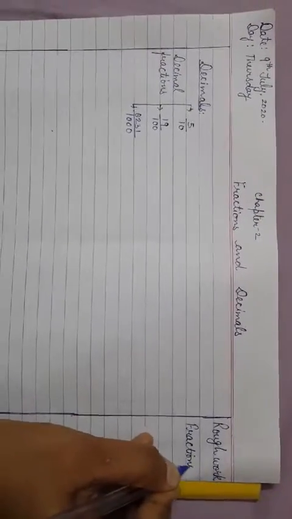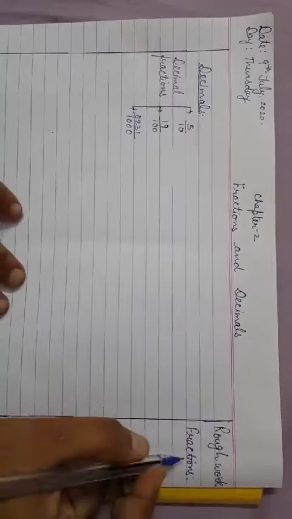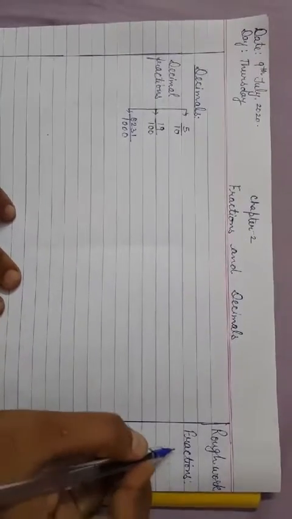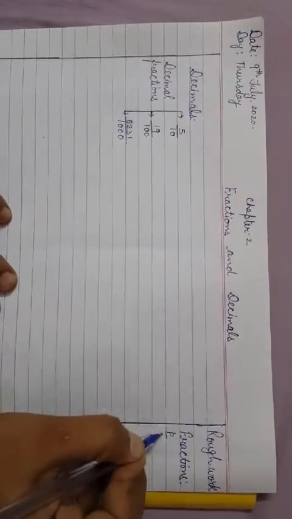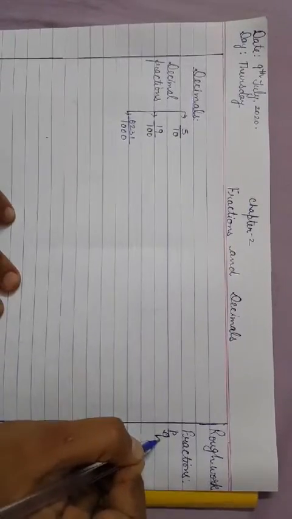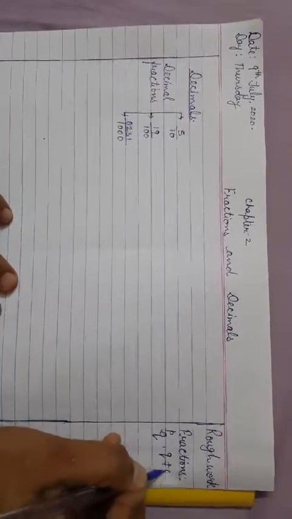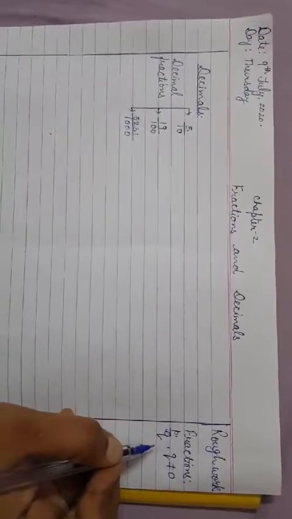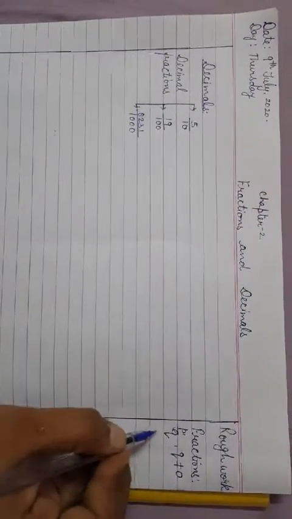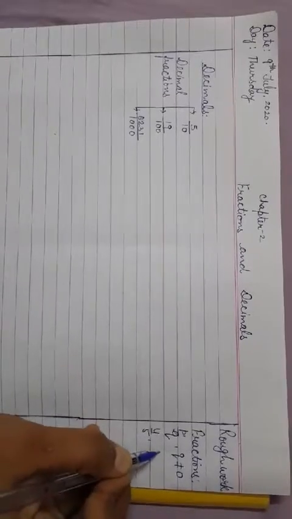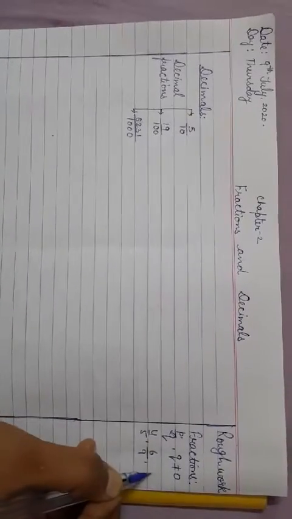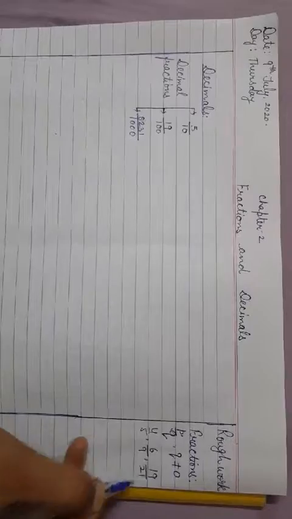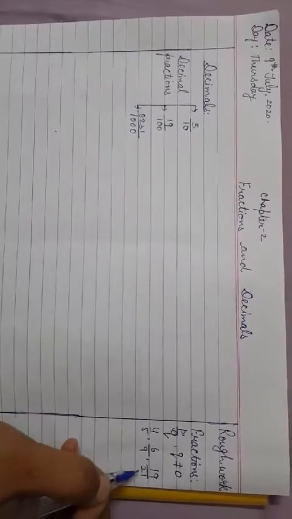So students, in the beginning of this chapter, I told you fractions are the numbers which are written or which can be written in the form of P upon Q, where Q is not equal to 0 and P and Q both are whole numbers, means they cannot be negative. For example, 4 upon 5, 6 upon 9, 19 upon 21, etc. These all are fractions.